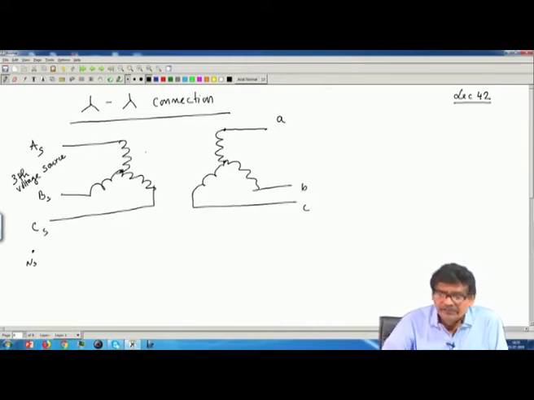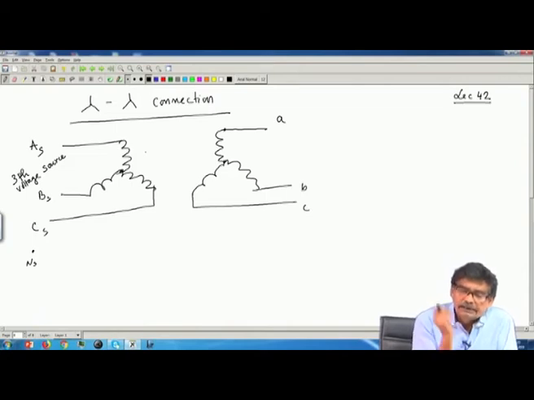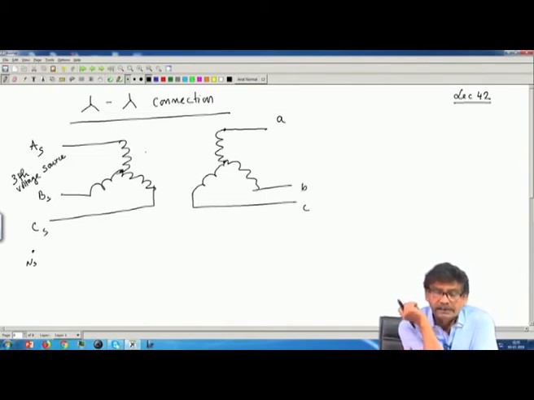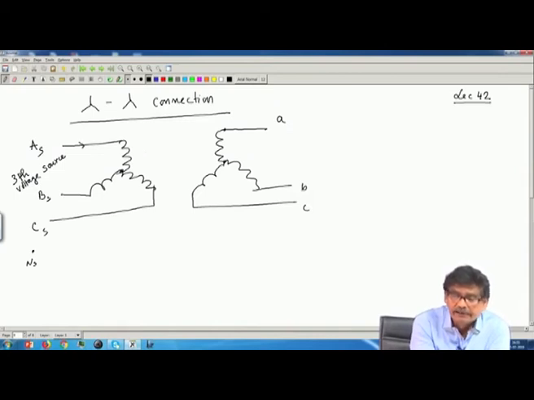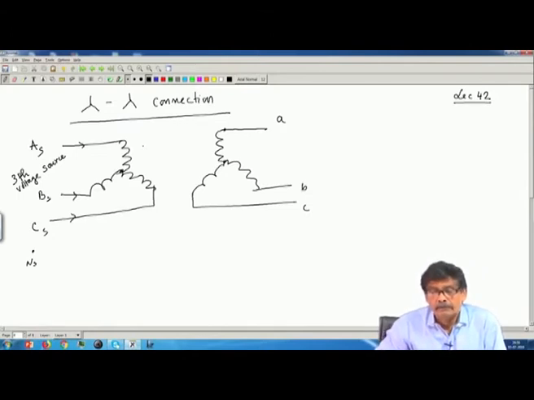Now, first thing I will say, in this connection one thing is clear: with the secondary open it will draw some magnetizing current, and in the core of the transformer my attempt will be to make the flux sinusoidal, with 50 hertz component alone, because I want only 50 hertz voltage to be generated in the secondary coil.